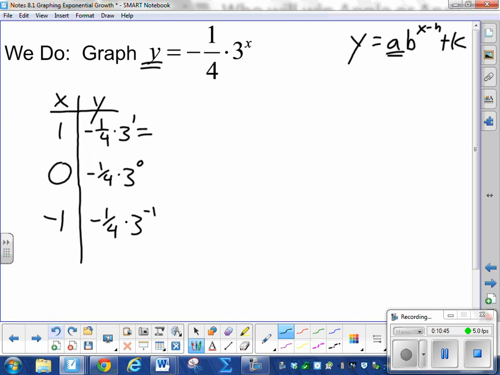3 to the first power is a 3. So you get -1/4 times 3, which is -3/4. Okay. 3 to the 0 power is a 1, so -1/4 times 1, which is -1/4.